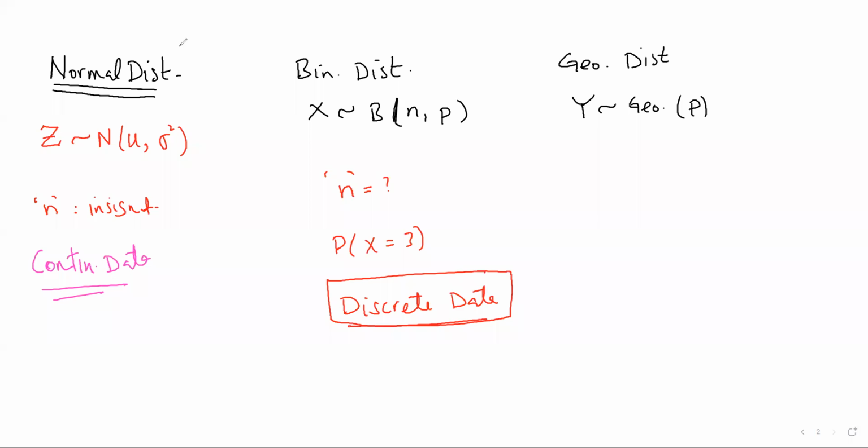Now let me focus on this normal distribution. I was comparing this with the binomial distribution. One more thing is, what do we find when we have the normal distribution? When you had the binomial distribution, you were finding the number of times success is happening; that was what your r was representing. In your geometric distribution, for example, if you define probability x equal to 4, you're going to find the probability that your success happens for the first time on the 4th trial.